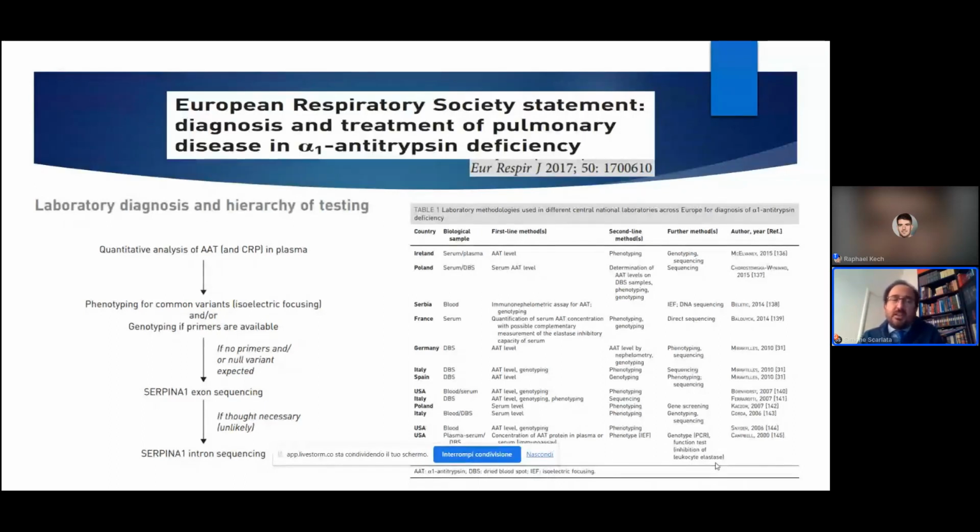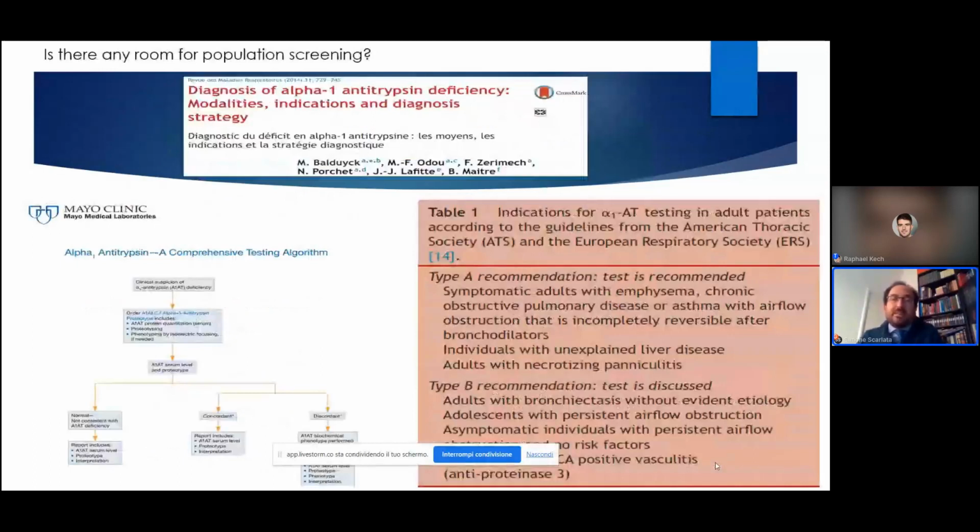This is important to see how a flowchart should be followed in order to provide a quantitative analysis first, followed by phenotyping and genotyping. However, there is a limitation in this approach that is mainly seen in this slide, where you can easily realize how currently testing is recommended for those patients who already have or show clinical features of the disease.